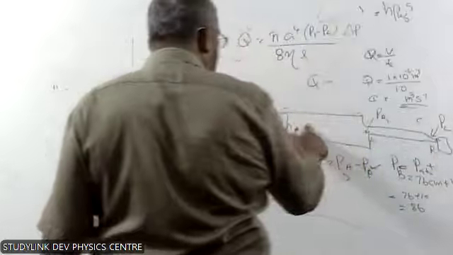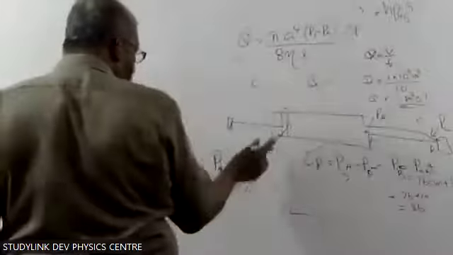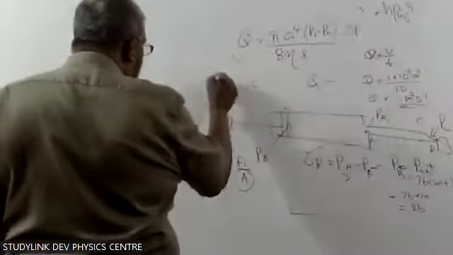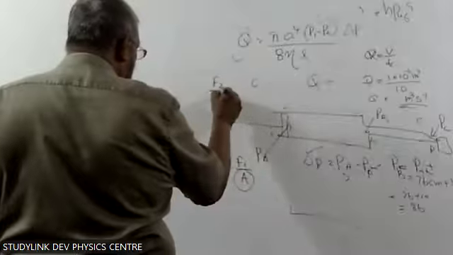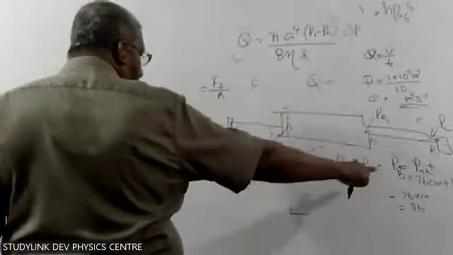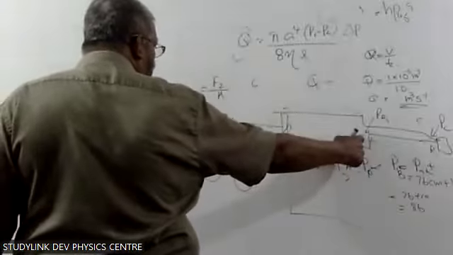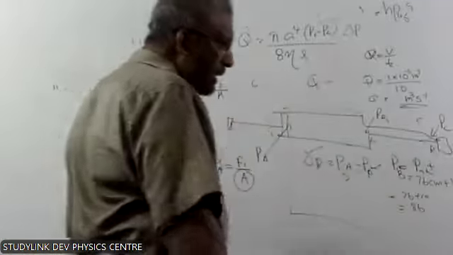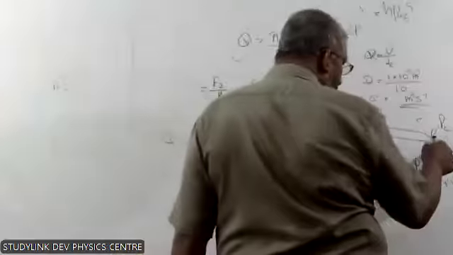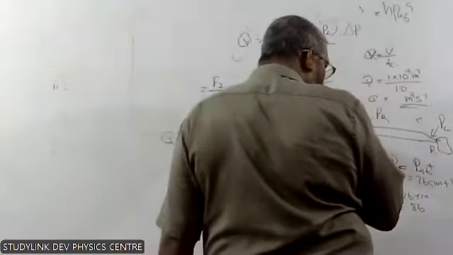Then apply the same steps again for the second situation. F2 divided by A is equal to the pressure we are getting here. In the second situation, PB we can find, PA is unknown.